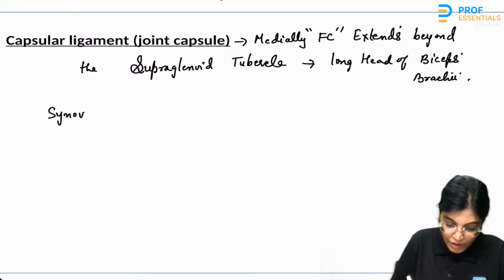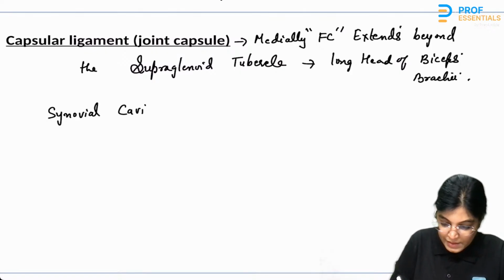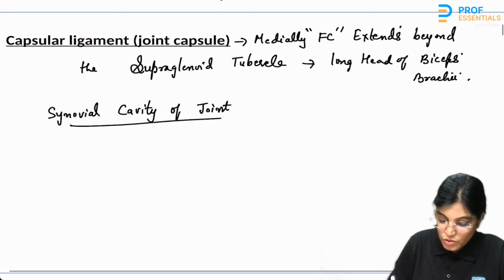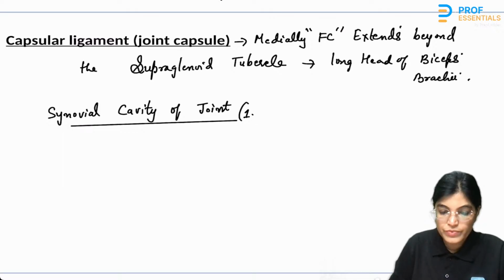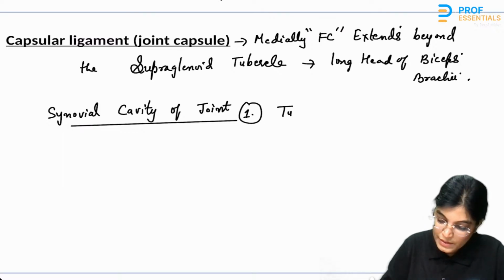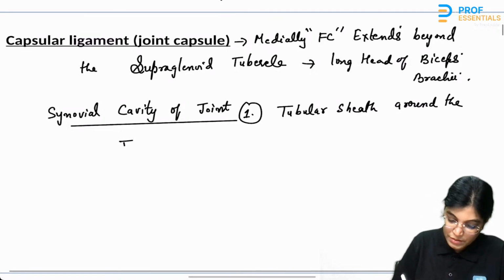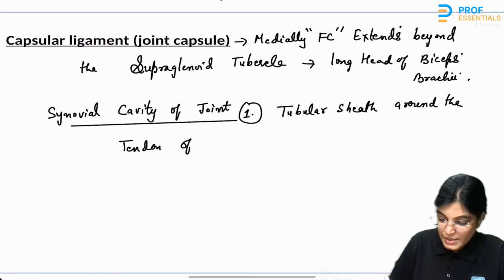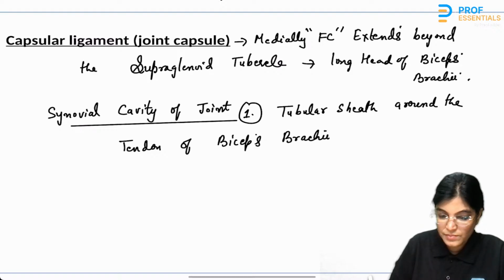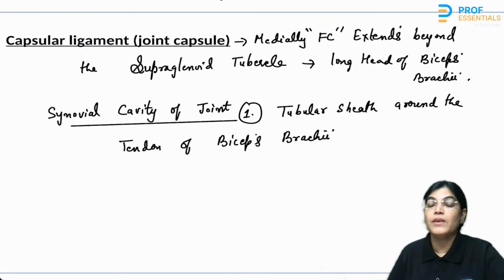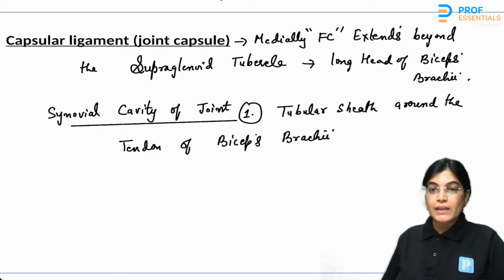The synovial cavity of the joint has two important features. It forms a tubular sheath around the tendon of biceps brachii, when its tendon is passing through the bicipital groove.